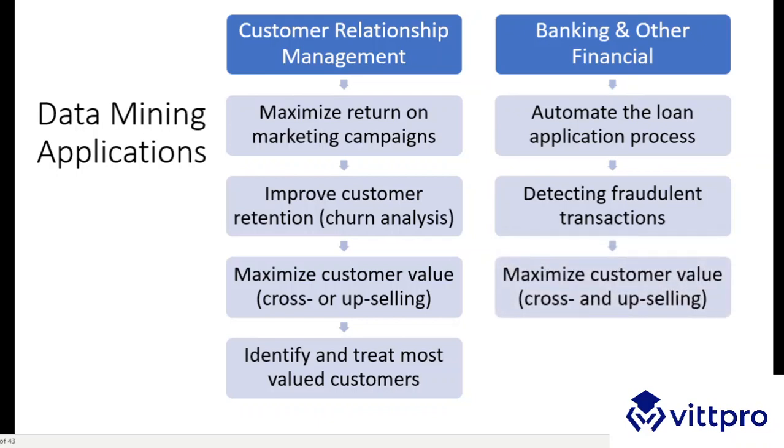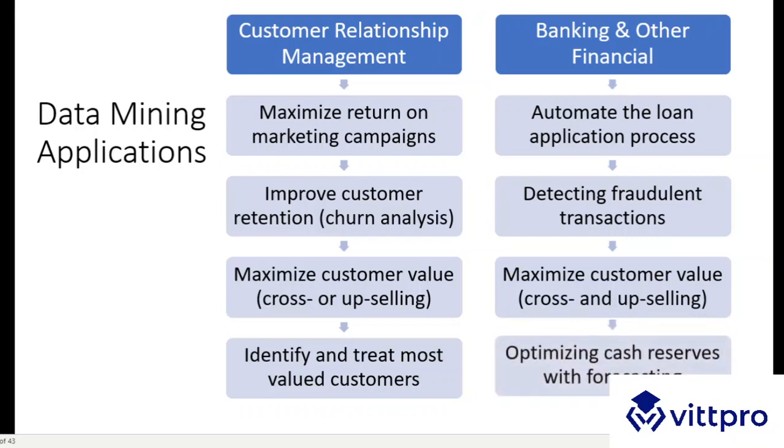In a similar way, they can maximize customer value, same as customer relationship management, and they can optimize cash reserves by forecasting. How would they maintain the forecast cash reserves? They would need to forecast how many times people are going to withdraw money in normal circumstances, and how many times people will deposit money, based on economic criteria such as GDP growth, income levels, customer profiles, and seasonal conditions.